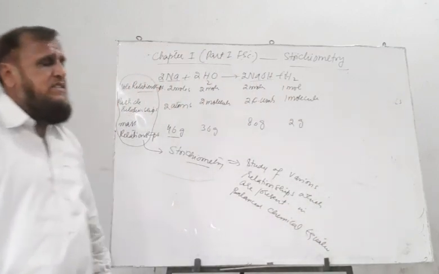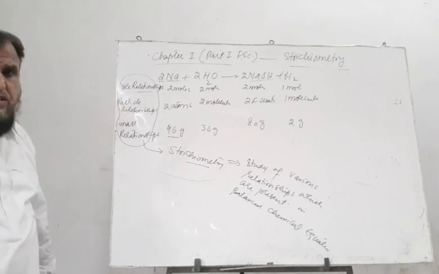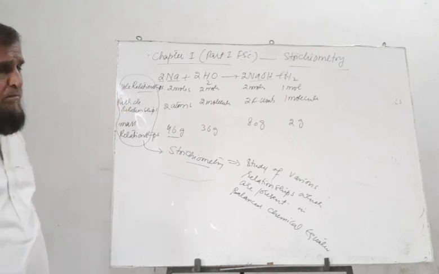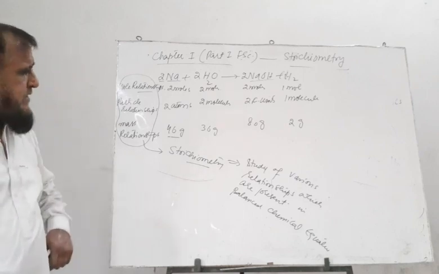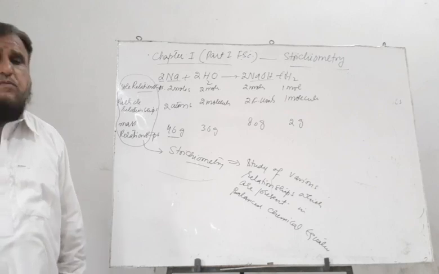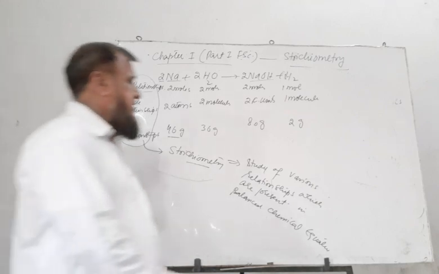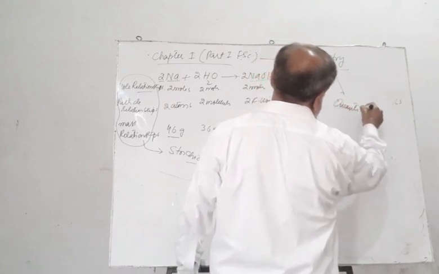These may be either mole relationships, or particle relationships, or mass relationships. So stoichiometry deals with the study of relationships. Stoichiometry is a type of quantitative chemistry. It deals with quantities.